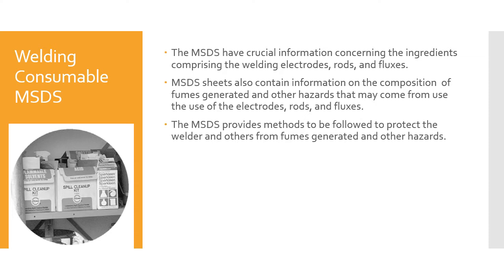So this is just telling us that sometimes there are some nasty things in weld rods, and we probably don't want to be breathing the smoke and fumes that are generated when you're depositing weld metal into a weld joint. So just need to be cognizant of that, and if there's any questions, read the MSDSs.